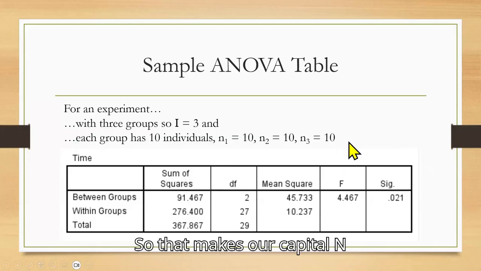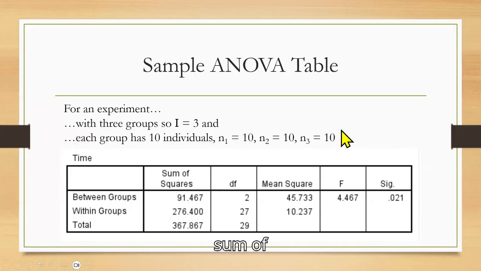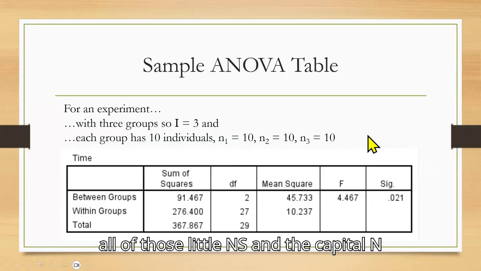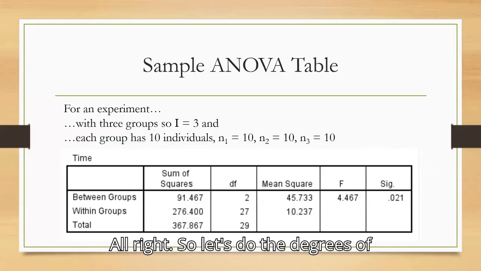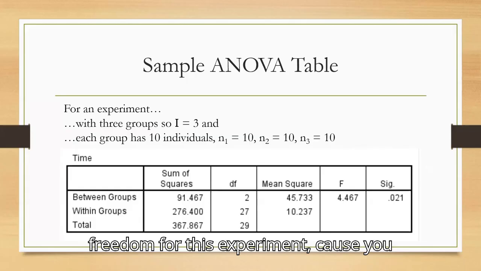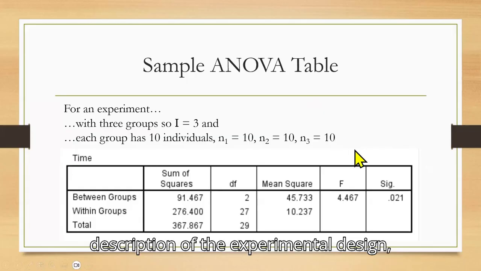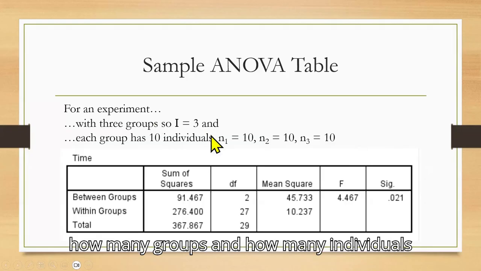So that makes our capital N the sum of all of those little n's, and the capital N is going to be 30. All right, so let's do the degrees of freedom for this experiment, because you can always do that just based on the description of the experimental design, how many groups and how many individuals there are.